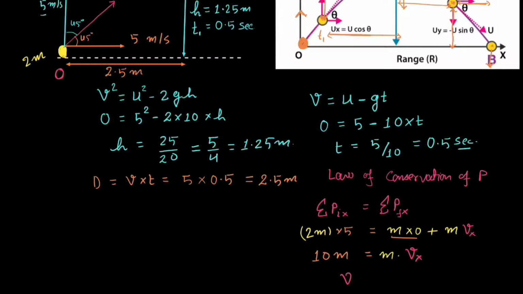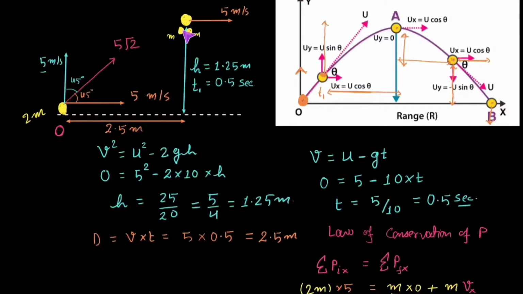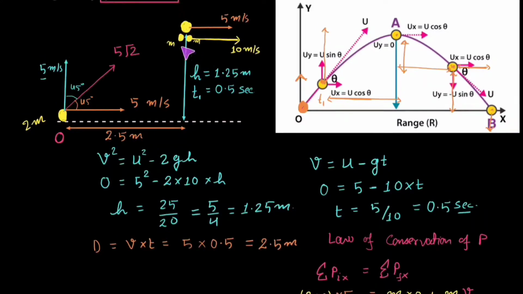The m gets cancelled, so the value of vx would be 10 meter per second. This is the velocity of the particle of mass m in the x direction. One part is moving freely in the downward direction and takes 0.5 seconds to reach the ground.